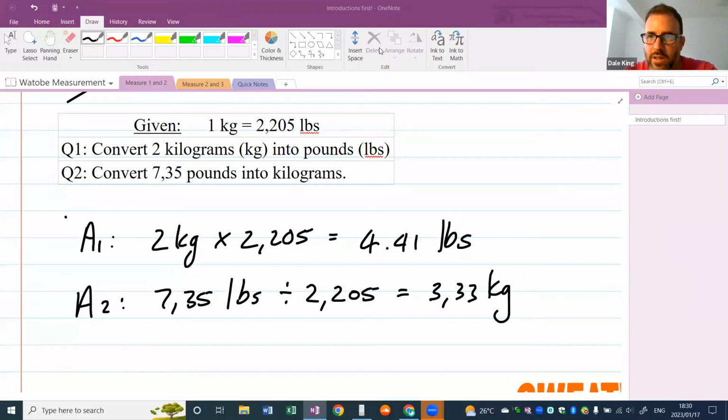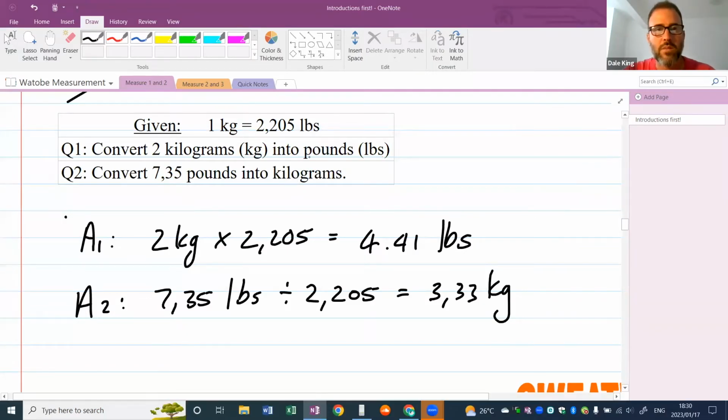Try your best to understand, why is it times in the first one, but division in the second one? Okay. So in the first one, when we're going from our 1 kilogram into 2.2, we are making our kilograms bigger by 2.2. So we're going to multiply because we're making them bigger. If 1 kilogram is 2.2 and we're making our kilograms bigger, then our final answer, our pounds, must also be bigger.